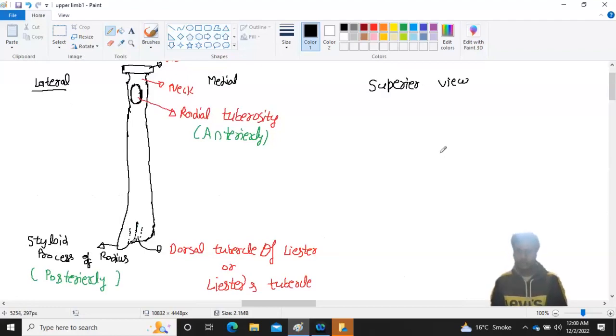It is like this. Then there is a lateral side and there is a medial side, because when we put our hand in anatomical position, the radius is present on the lateral side. So this is the lateral side, outside, and one is the inner side, the medial side, where it forms a joint with the ulna bone.